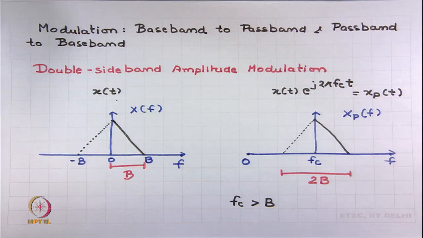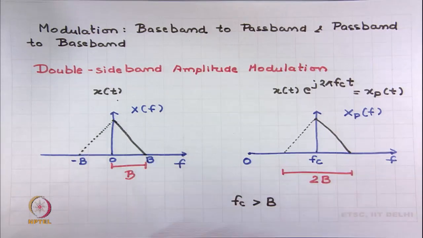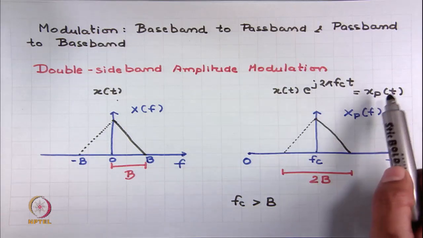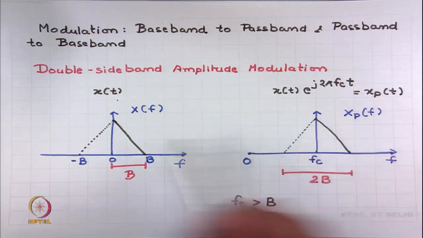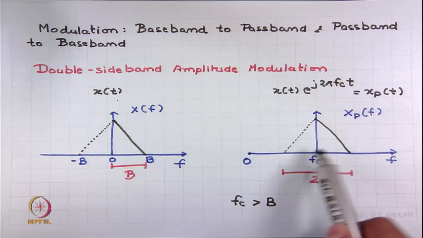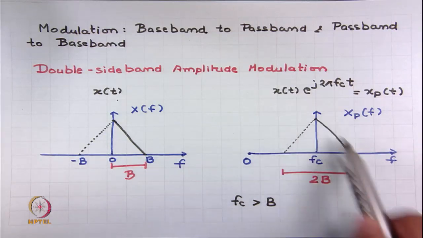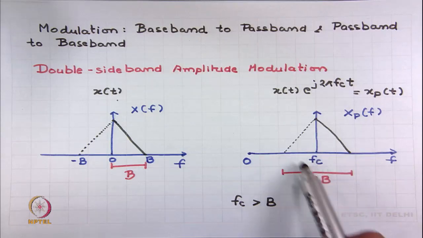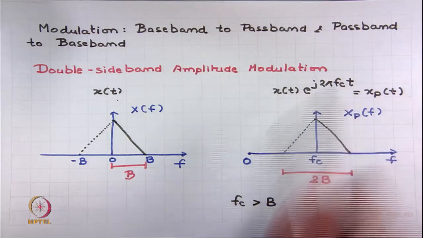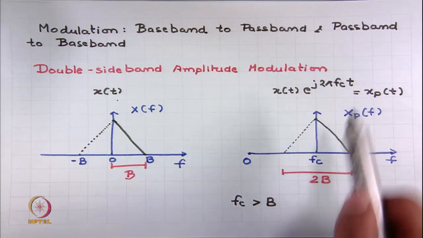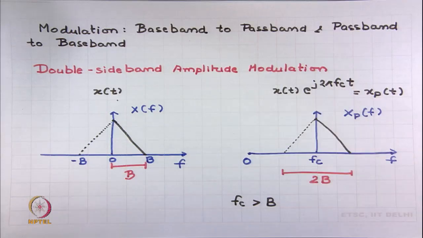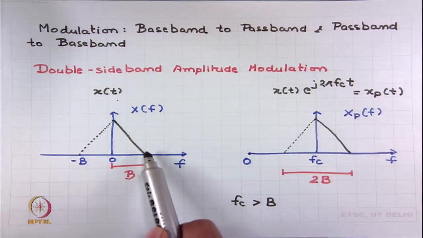If the spectrum of the baseband signal is like this, centered around DC, the spectrum of the passband signal would be the same spectrum, other than that it is shifted to the frequency Fc, and this carrier frequency Fc must be much larger than B.